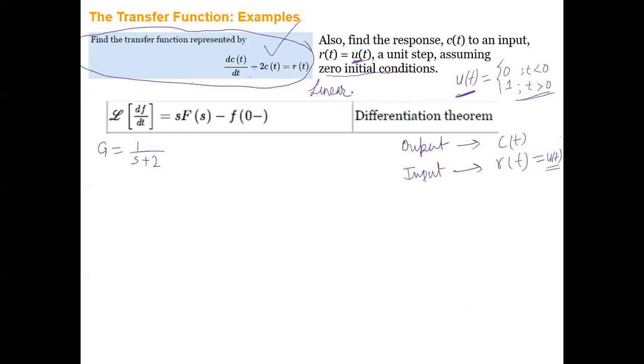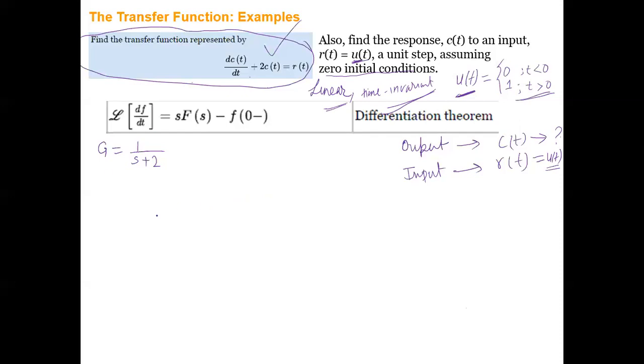This implies that our system is linear and time invariant, most likely. Now you'll see. What do you need to find? You need to find the response C. C is not given. R(t) is given, C is not given.